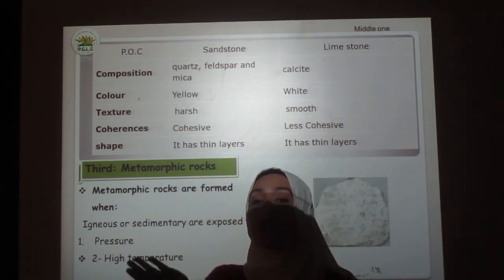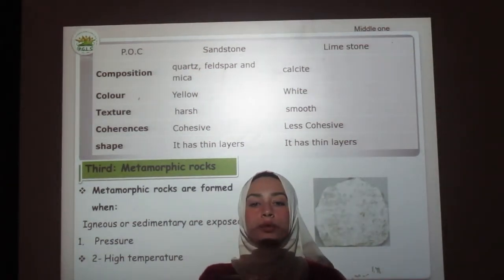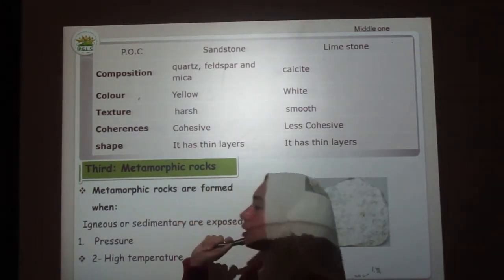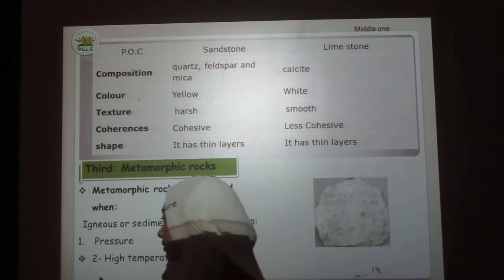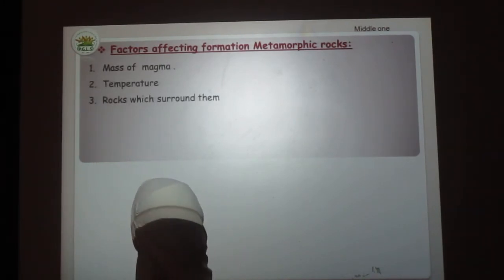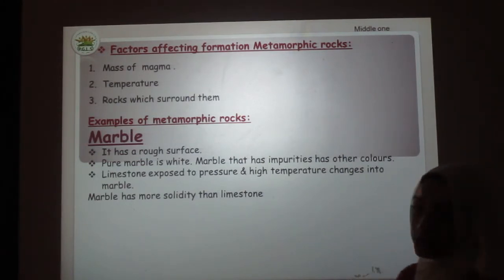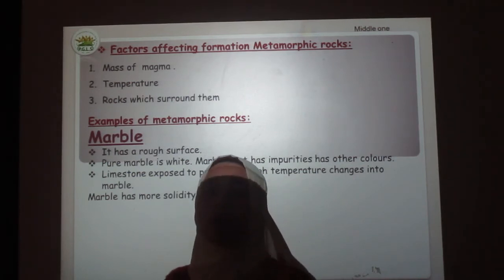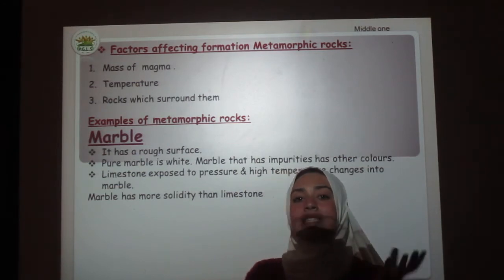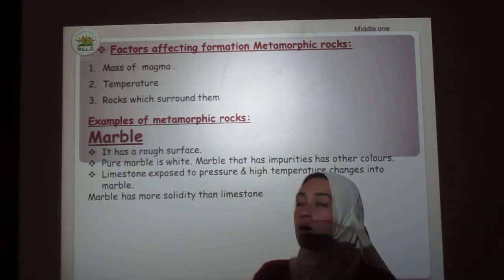If they are exposed to high temperature and high pressure, they will transform into metamorphic rocks. Factors affecting the formation of metamorphic rocks: they are igneous or sedimentary rocks, but they are affected by some factors. The first one is high temperature and the second one is high pressure.